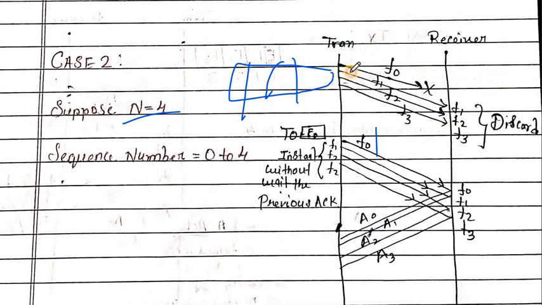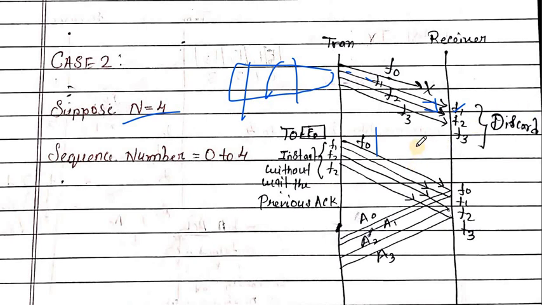After some time, the receiver receives F1. But the receiver won't accept F1, because the receiver knows that it must first receive F0, then F1, then F2, then F3. Since F0 was not received, the receiver discards F1, F2 and F3.